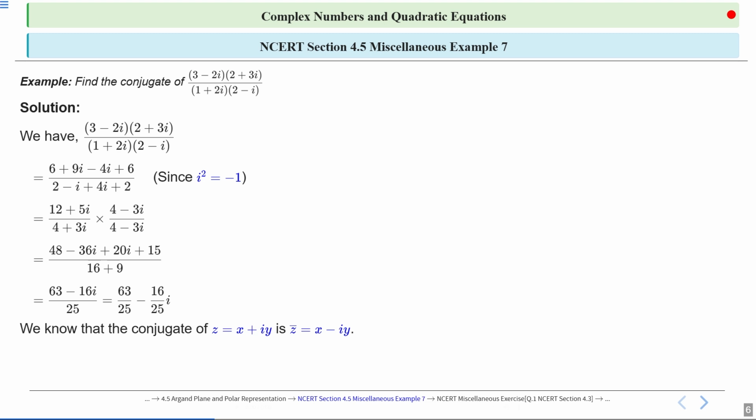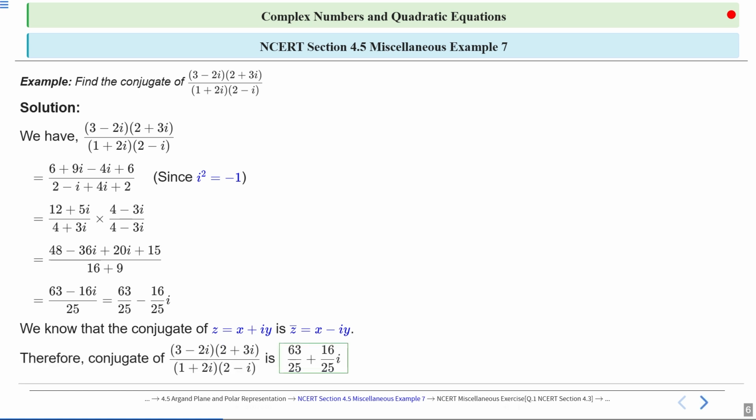Now recall that the conjugate of a complex number z equals x plus iota times y is x minus iota times y. So to find the conjugate of our answer, we simply change the sign of the imaginary part. This is a key property of complex numbers.